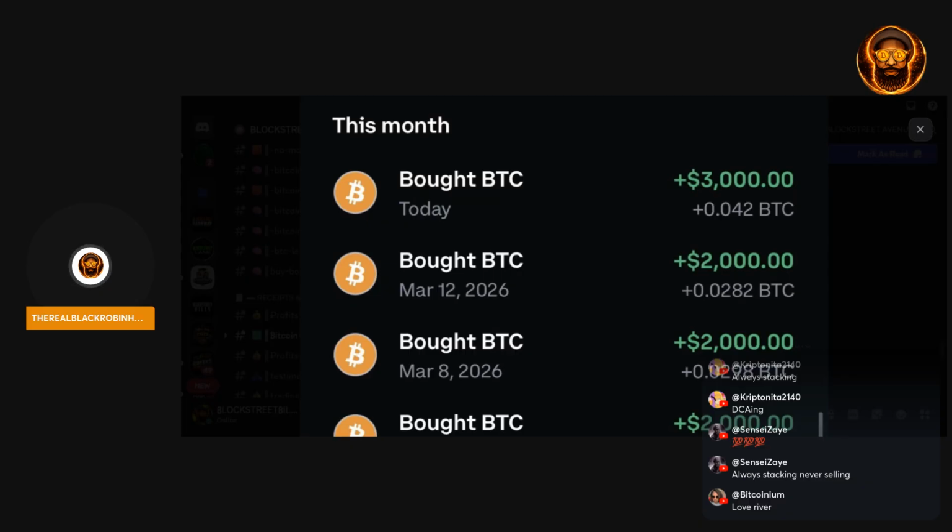That's 9,000. If Bitcoin 10x's, this 9,000 turns to $90,000. So essentially, what we are doing is you're buying $90,000 for $9,000. Type 21 if you pick up what I'm putting down.